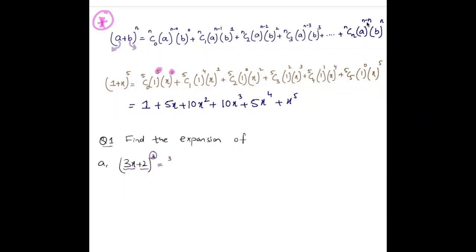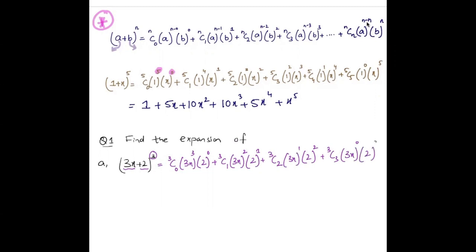So the expansion is going to be: 3c0, first term to the power of 3 minus 0, that's 3, and the second term to the power of 0, plus 3c1, first term to the power of 3 minus 1, that is 2, and the second term to the power of 1, plus 3c2, first term to the power of 3 minus 2, second term to the power of 2, plus 3c3, first term to the power of 3 minus 3, that's 0, second term to the power of 3.